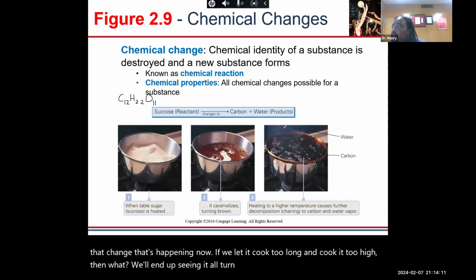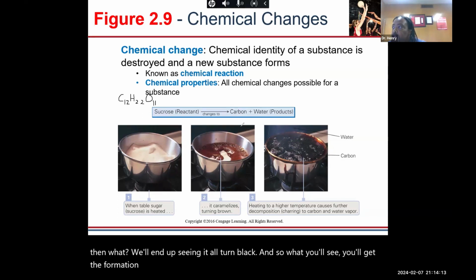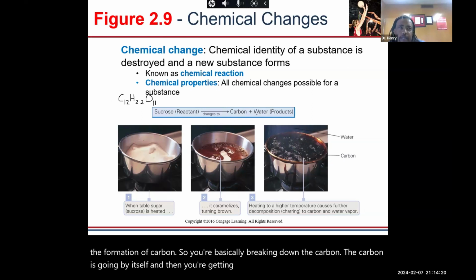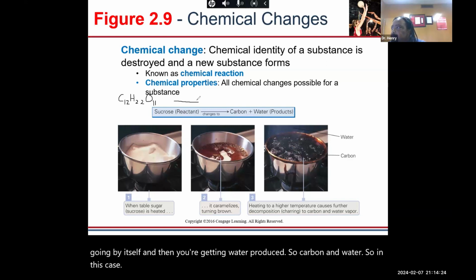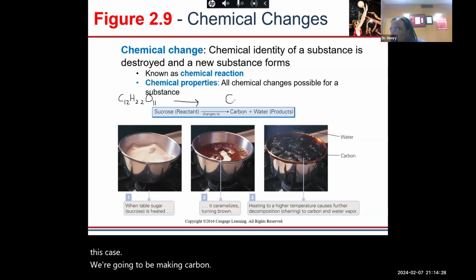And what you'll see is the formation of carbon. So you're basically breaking it down. Carbon is going by itself, and then you're getting water produced. So carbon and water. In this case, we're going to be making carbon, so we're just going to use a C for carbon, and water, which is H2O.